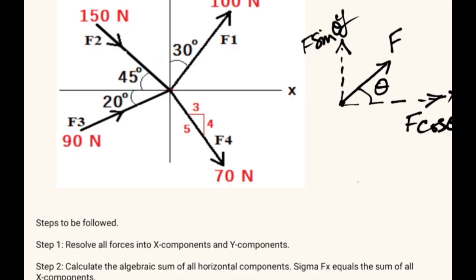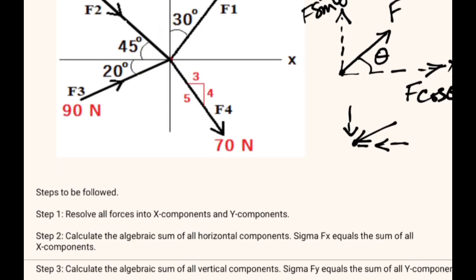And if the force is going towards the joint, then its components will also be going towards the joint. So the arrow will be towards the joint. That will be the direction of the components. So we resolve all the forces into x components and y components in this way.